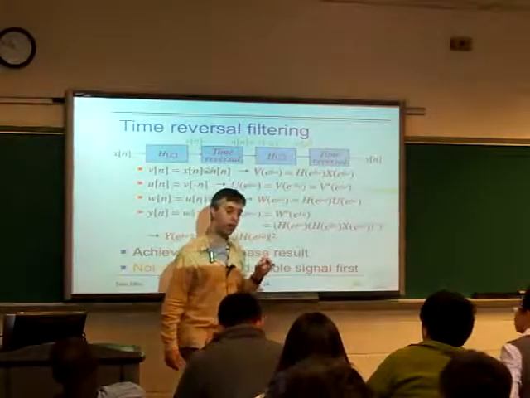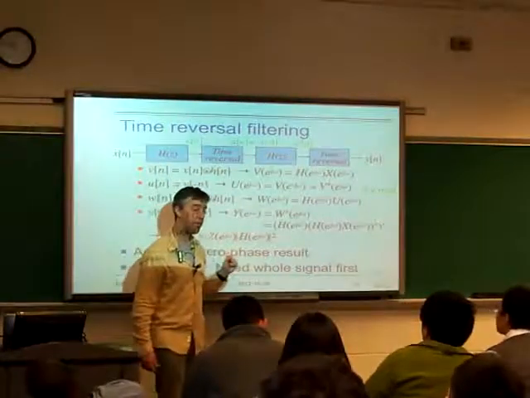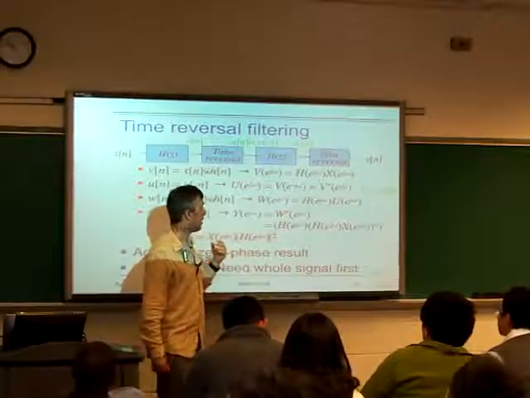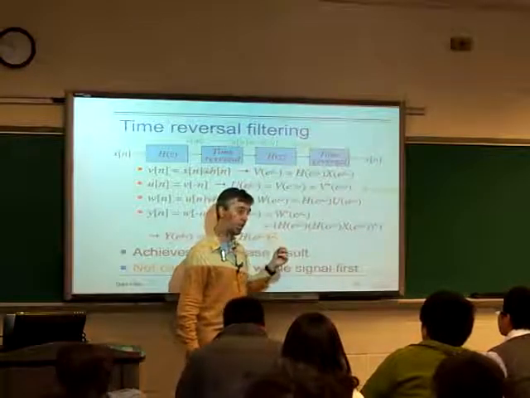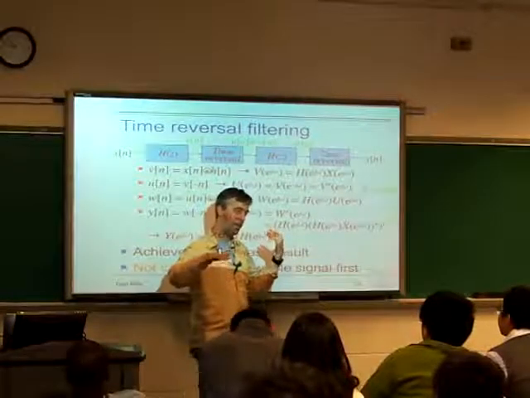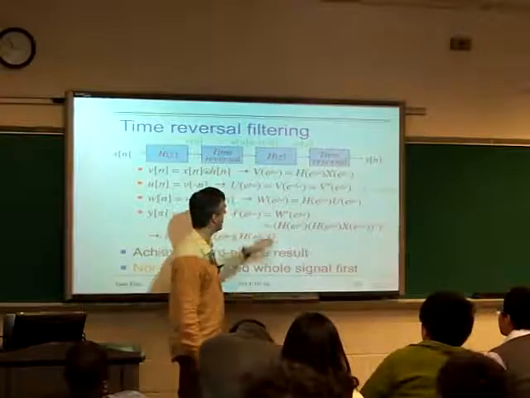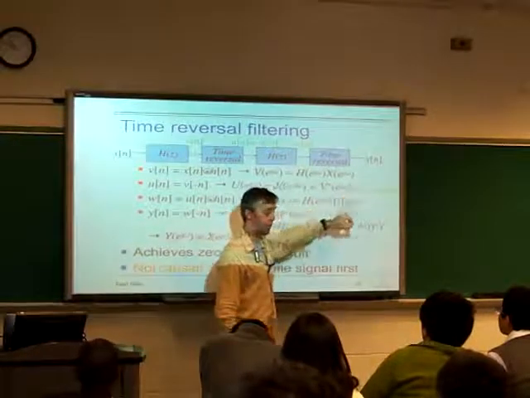If we're dealing with real inputs and real impulse responses, then V of e to the minus j omega will be the complex conjugate. All real signals have to have their negative frequency parts be the conjugates of their positive frequency parts. So U is equal to V conjugate of e to the j omega.